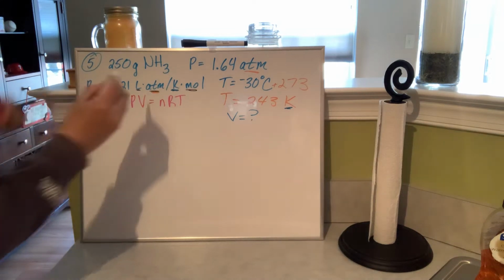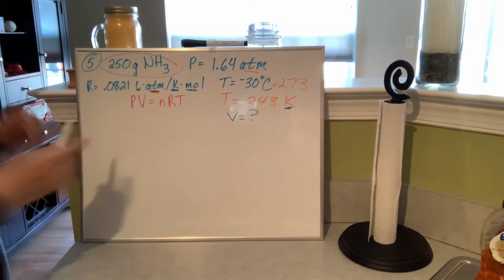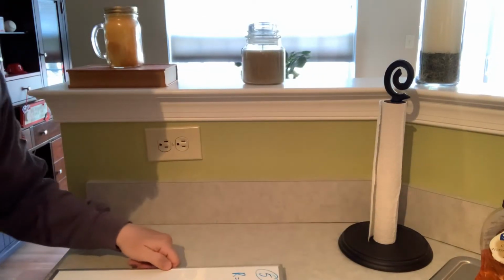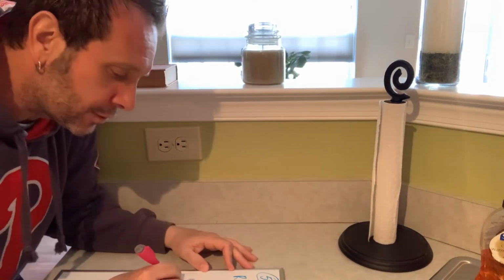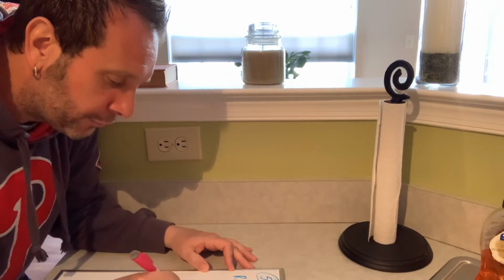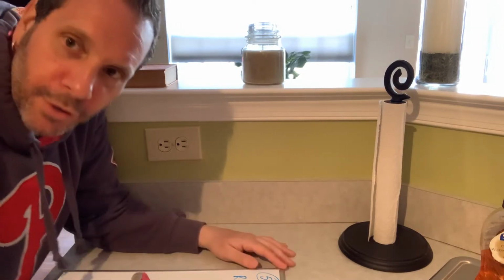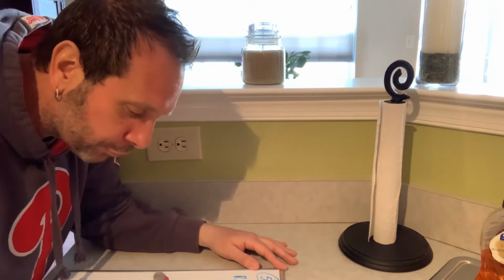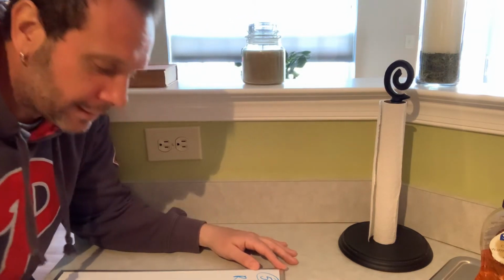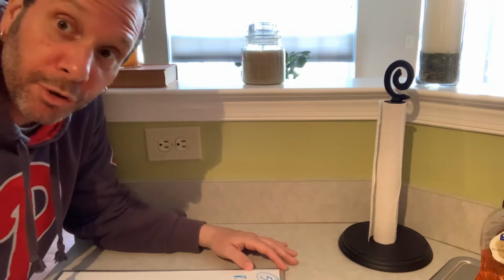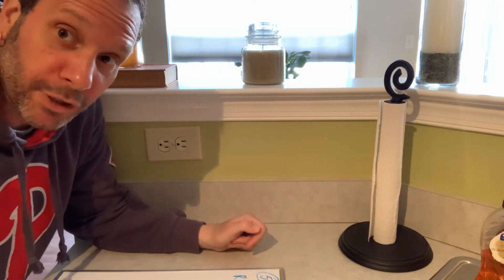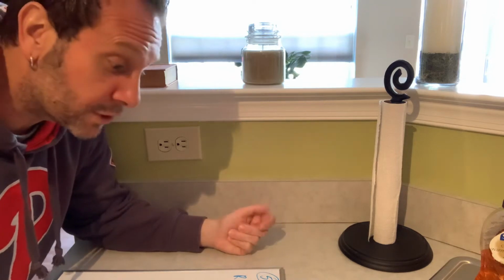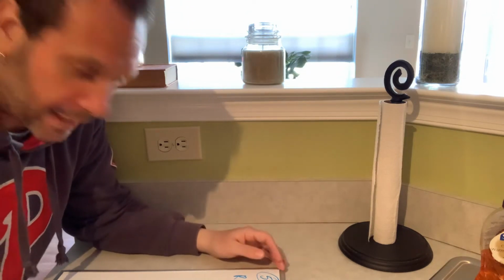So we're going to take the 250 grams of NH3, and we're going to change that to moles by using our periodic table. This is a good little review, right? So we got 250 grams. Uncle Strach likes to call them little baby G's, right? NH3, which is ammonia. And that matters in this problem because 250 grams of NH3 is going to have a different number of moles than 250 grams of, say, O2 or CO2 or any other gas.